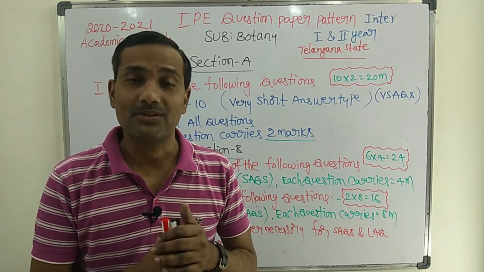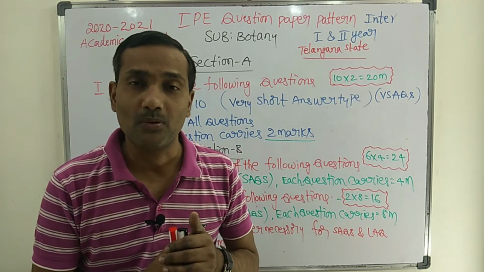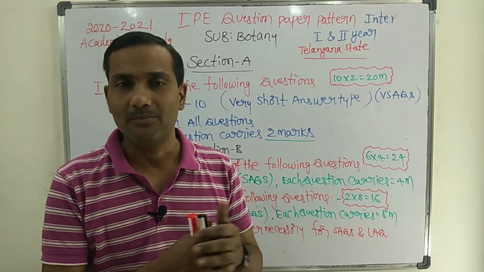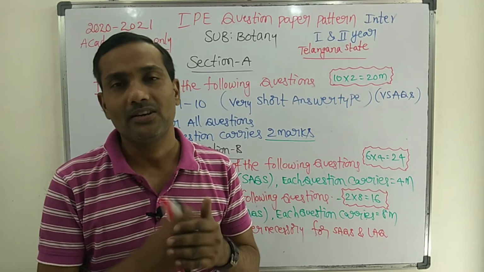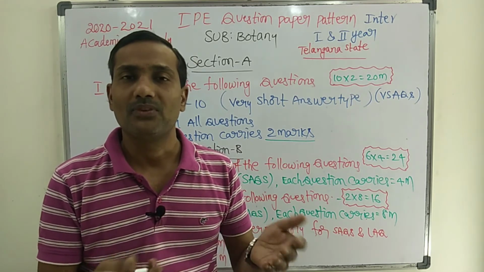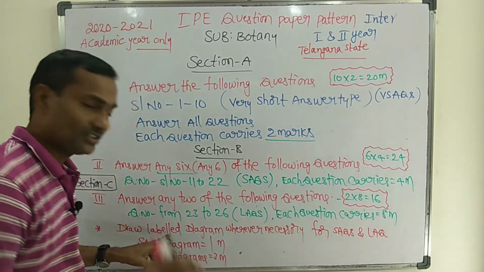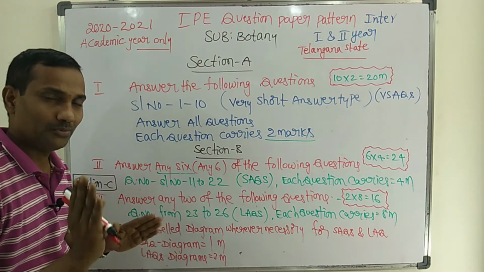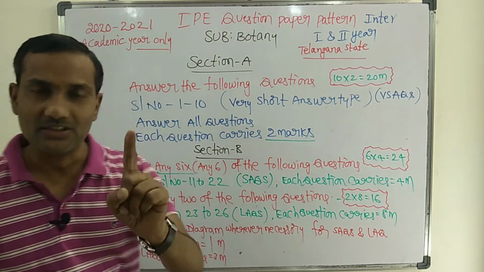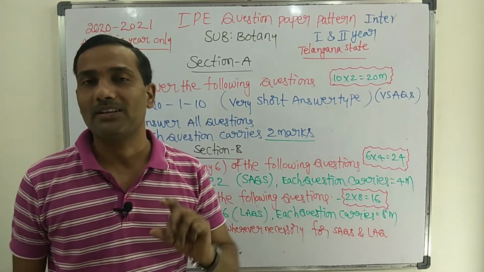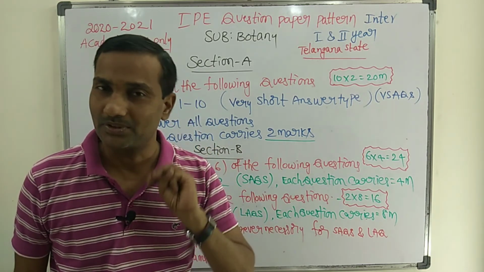Another question: describe the structure of the powerhouse of the cell, that is mitochondria. If you draw the mitochondria, you get 1 mark, and for describing it, 3 marks. For short answer questions, the labeled diagram gets 1 mark and the description 3 marks.